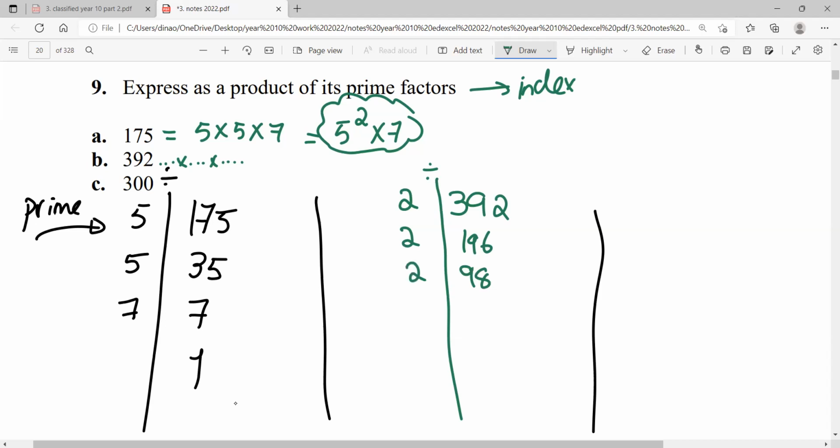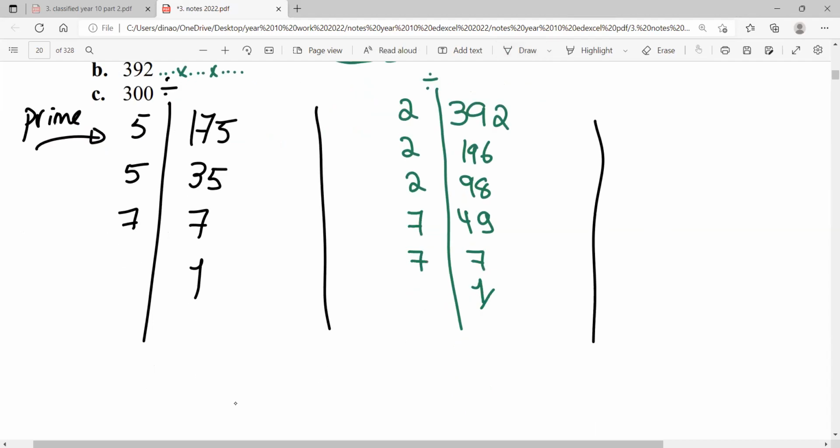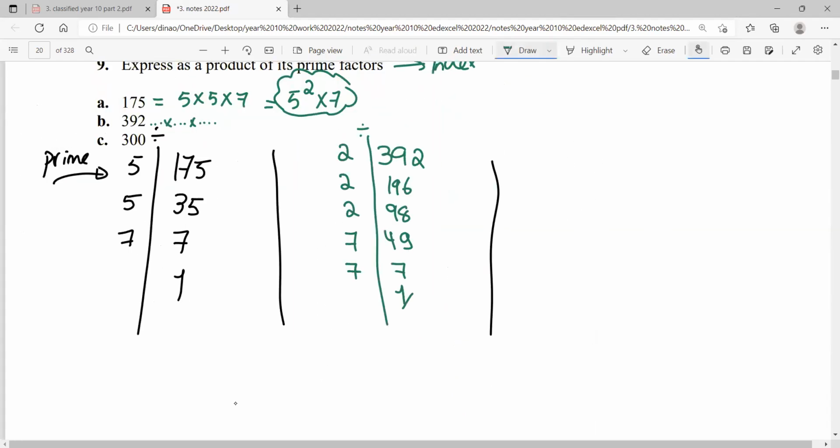Keep on using the prime number till you reach the end. 98 divided by 2 is 49. Now I cannot divide by 3, I cannot divide by 5, so I divide by 7. 49 divided by 7 is 7, 7 divided by 7 is 1, because you must divide till you reach the 1.